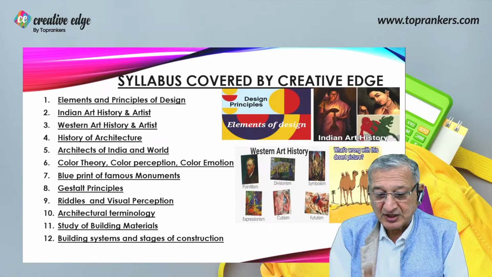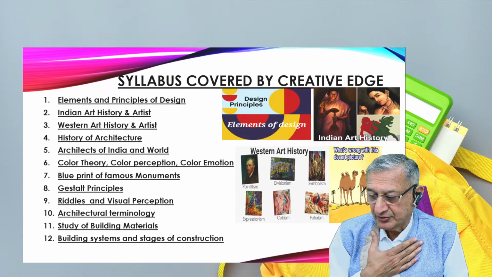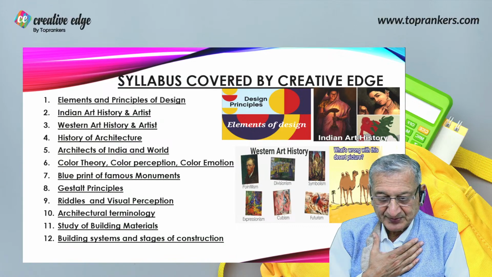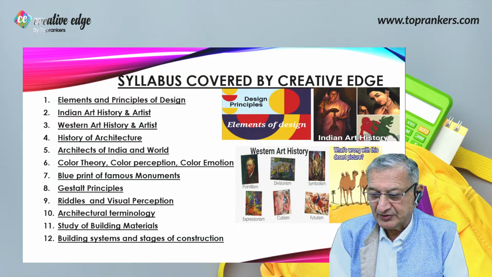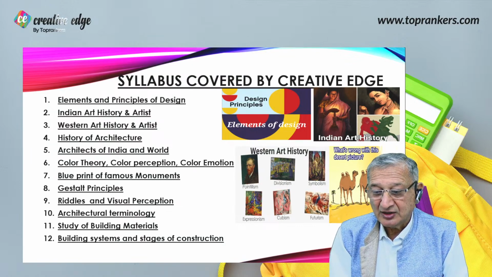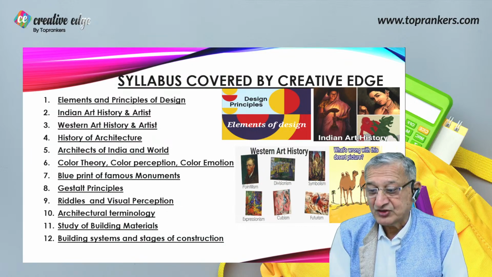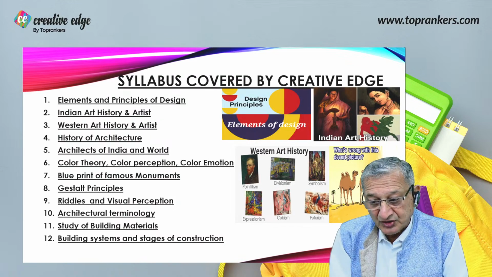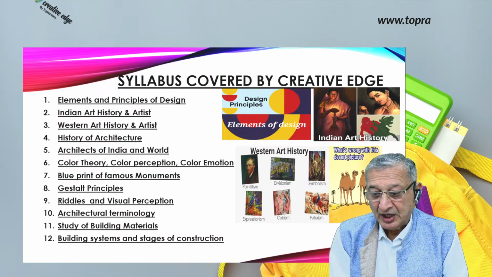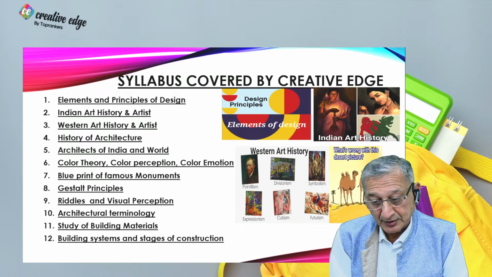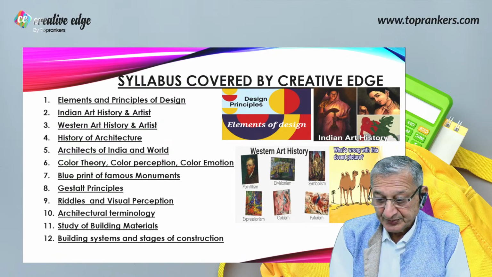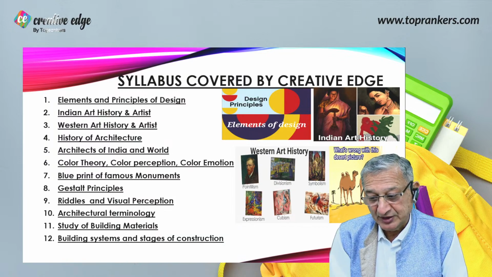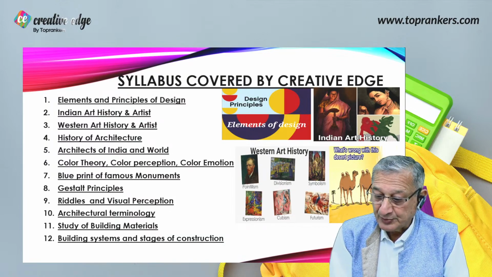Now, the syllabus covered by Creative Edge. Friends, elements and principles of design, Indian art, history and artists, Western art, history and artists, history of architecture, architects of India and the world, color theory, color perception, color emotion, blueprints of famous monuments, Gestalt principles.